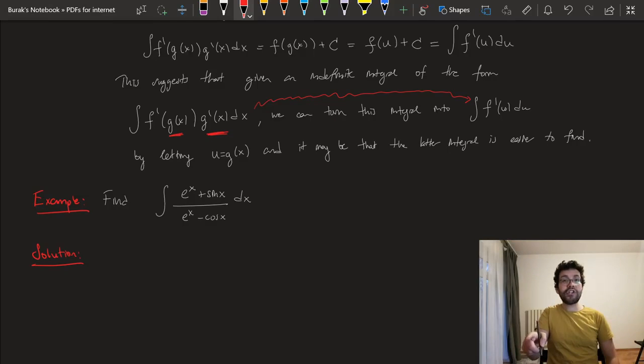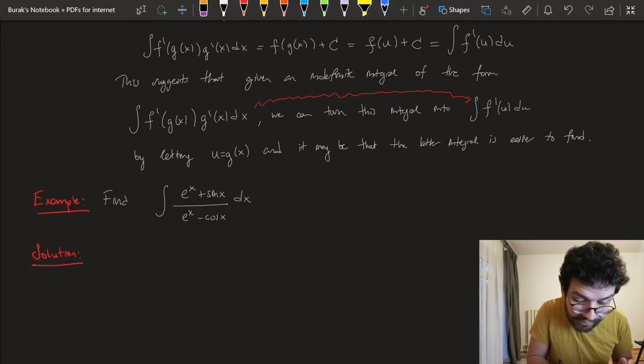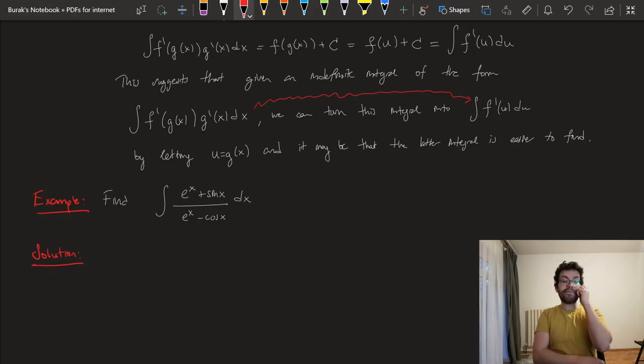If you can find such a u, then what our observations above tell us is: just replace that thing with u, and instead of this g prime x dx part just write du. And then your integral will probably get simpler. Now I ask myself this question when I look at this: can I find some function of x in this integrand whose derivative is also seen in this integrand?